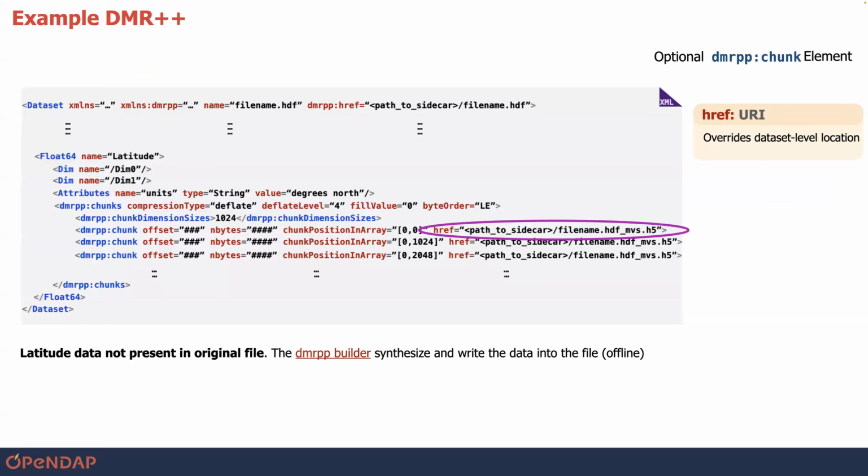Here's another example DMR++ that shows another type of missing data. One of the things that we have done in the past with NASA data is we've taken data files that were originally designed to be read with the HDF EOS APIs, and those APIs synthesize the georeferencing data associated with the measured parameters.